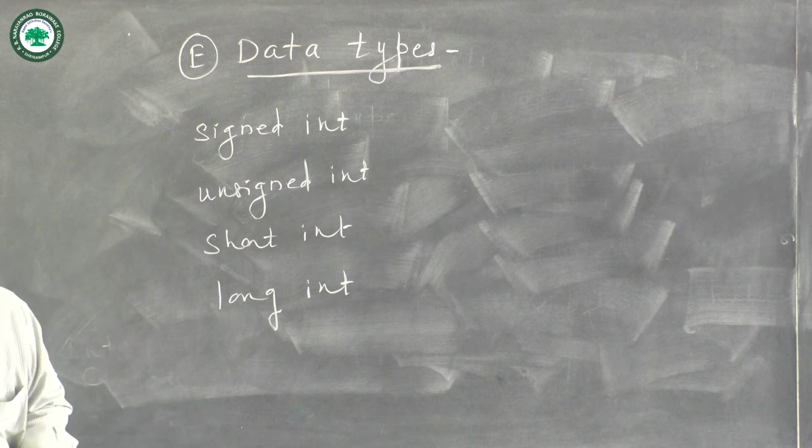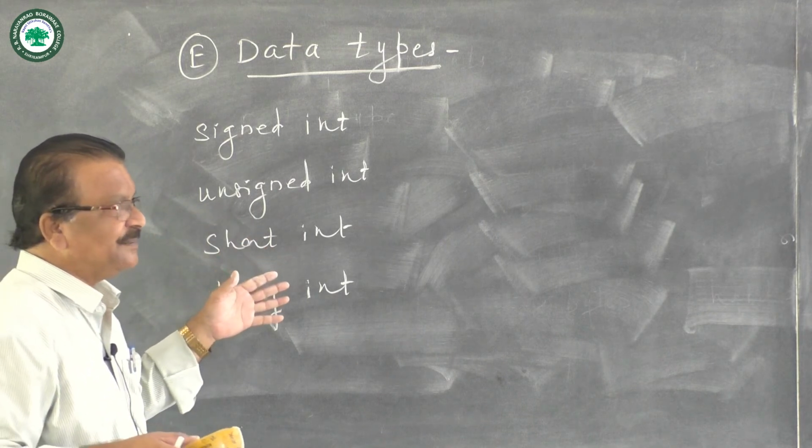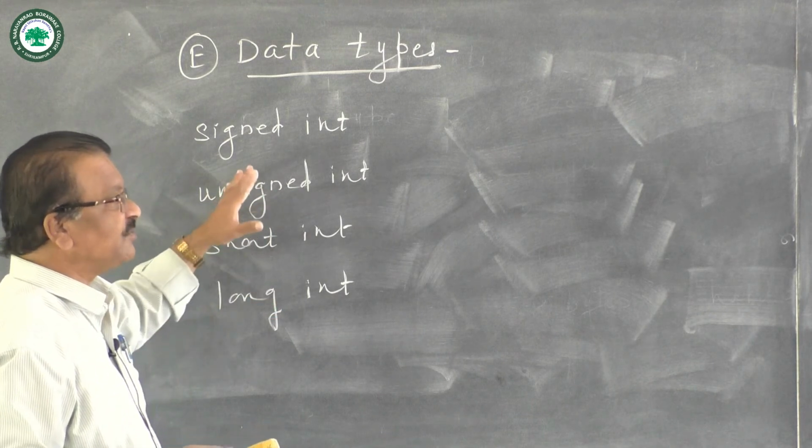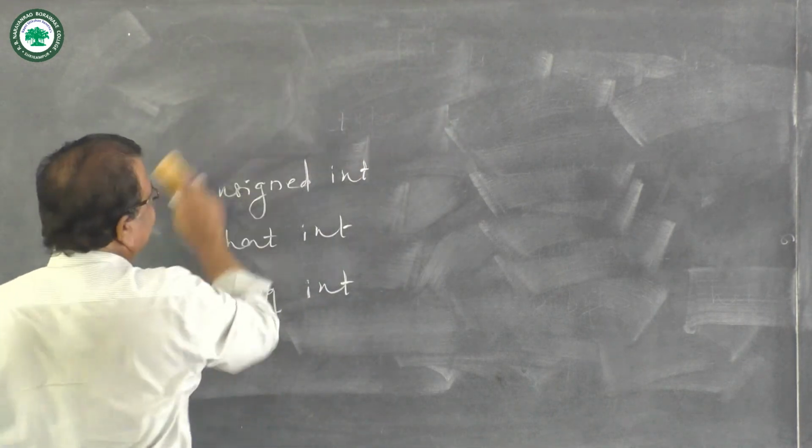So these are additional 4 data types with integers that we have. 4 basic data types and 4 derived data types of integers. So this is all about data types.